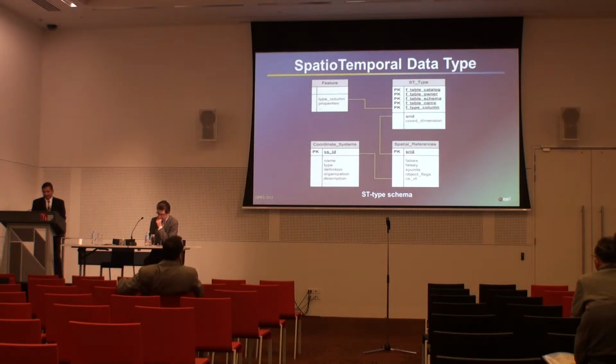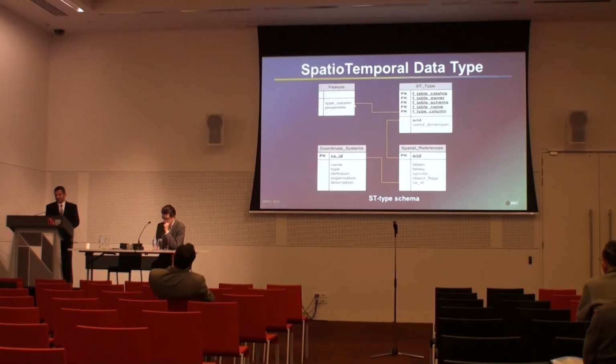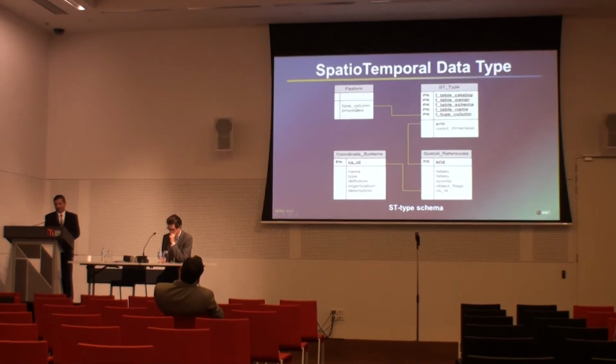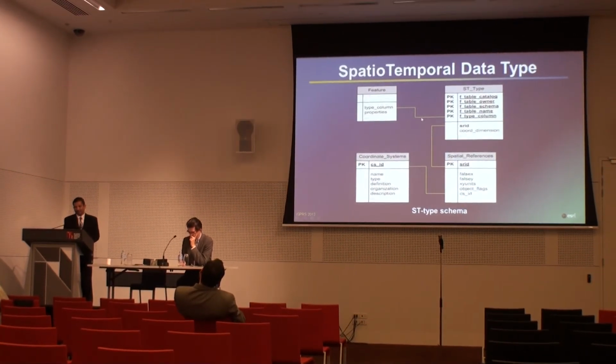This is a schema, a very simplified information model, if you want to implement a spatiotemporal data type, where you have metadata for this spatiotemporal type. Let's say this is a feature class representing some rivers. You represent this in a type column, which may have some properties, but this spatiotemporal column has certain metadata.